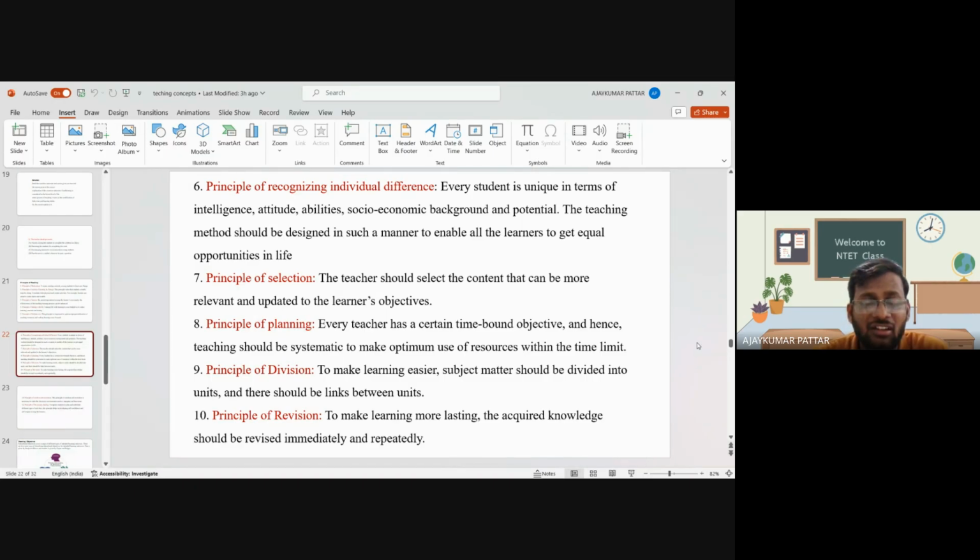Because for every topic, if you search in multiple books and sources, a lot of information will be there, but what is relevant to this student, this topic, this context is important. That content we will select according to our objectives. बच्चों को कितना चाहिए, बच्चों को क्या चाहिए, that we should teach.